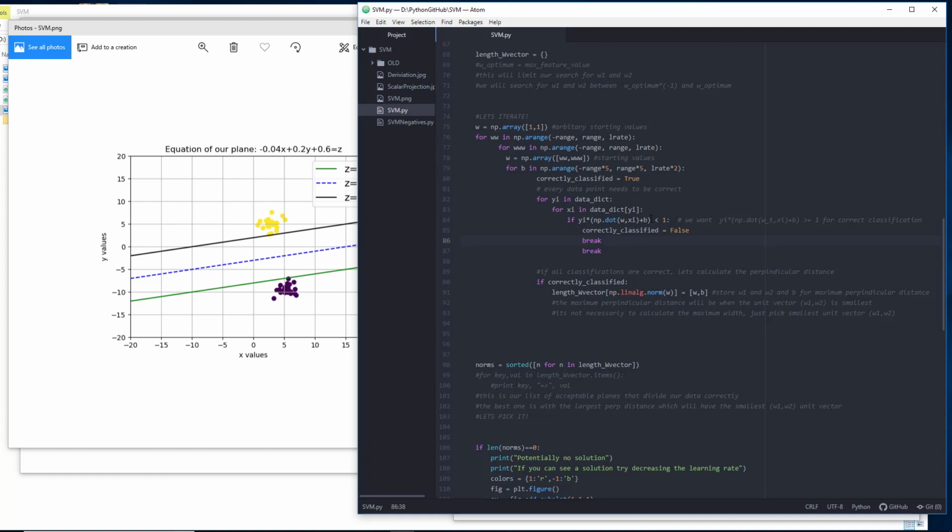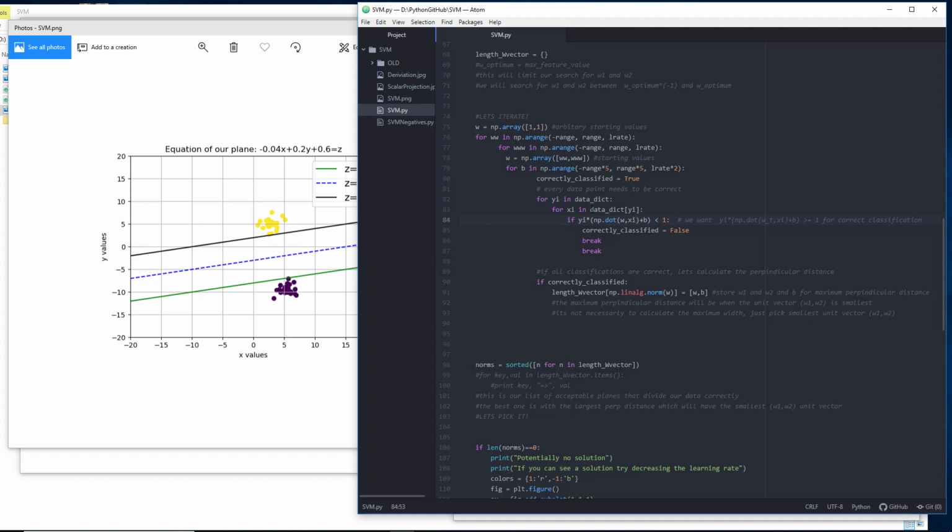The way we've done this is that if the Z value for this equation is less than 1, it's going to be false. That means if the data point lies below this line, or in this region, we're going to classify that data point as false, and then this is not going to be a solution for our problem, and we're just going to break out of the for loops and start again.